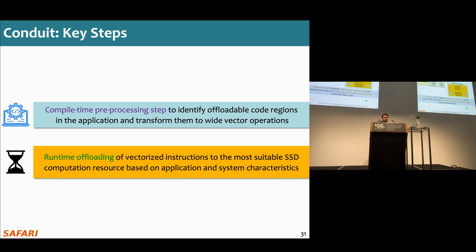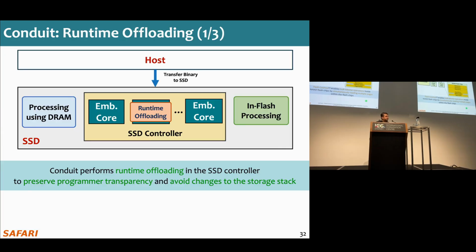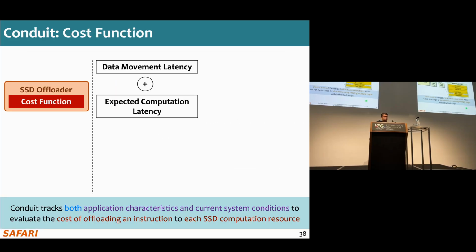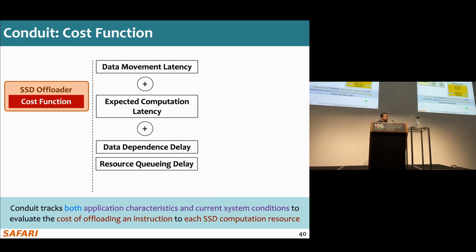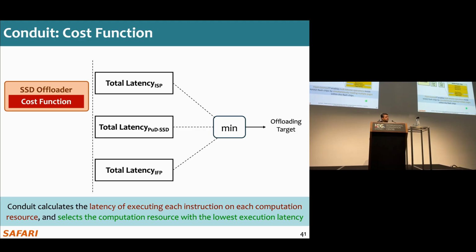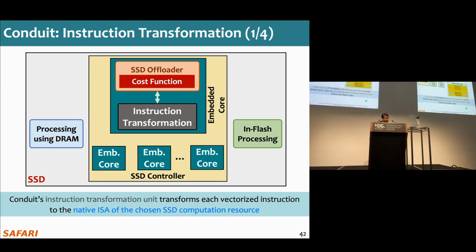So we are currently depending on these techniques to perform computations in the flash chips. If Flash-Cosmos can do bulk bitwise operations, we try to leverage that in order to reduce data movement and sensing overheads. But if we have more complex operations like arithmetic operations, we depend on Ares-Flash.